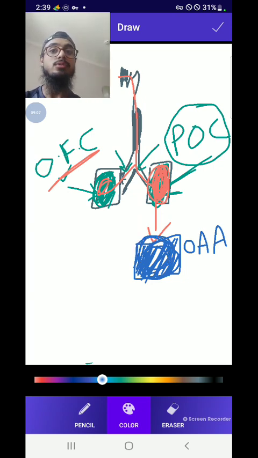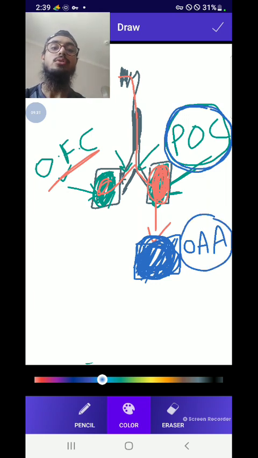You have smelled this type of smell in the past. The olfactory association cortex is present in the temporal lobe, just inferior to the parietal lobe. This is the primary olfactory cortex and the olfactory association cortex.